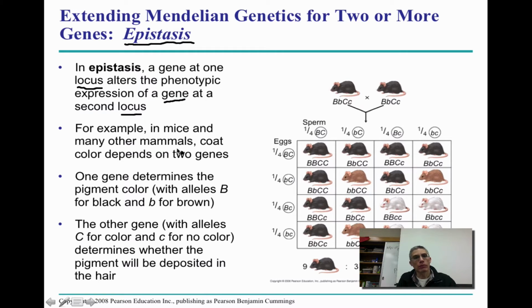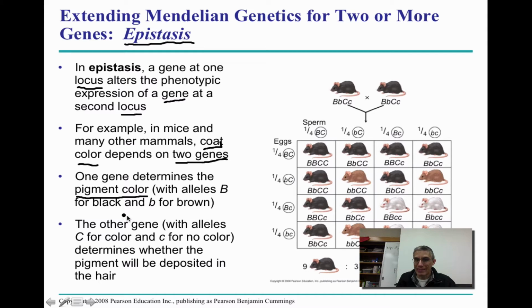So a good example of this would be in mice and actually lots of other mammals. We're going to look at coat color, in other words, the color of their fur. This actually depends on two genes. In other words, one gene is going to determine the actual pigment color. And so if we look at this example, we could look at the capital B representing black and the lowercase b representing brown.